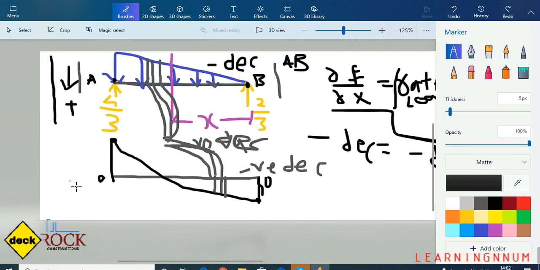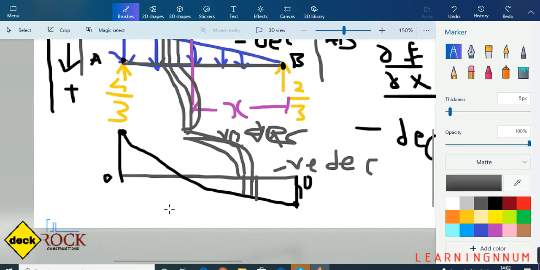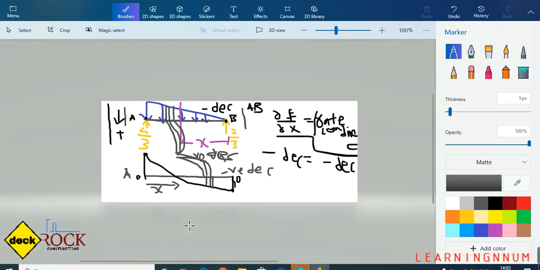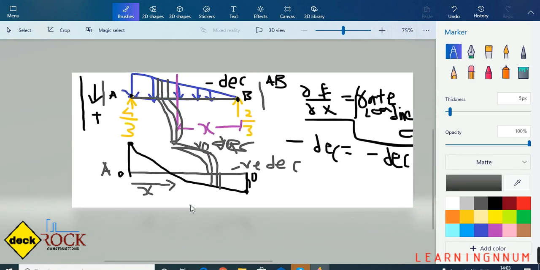So now we have to find out the distance. Suppose I am taking from the left hand side A at a distance x, where shear force is 0. Now what we have to do? We have only one region, so according to that one region we have the equation of shear force, right? Yes, sir.